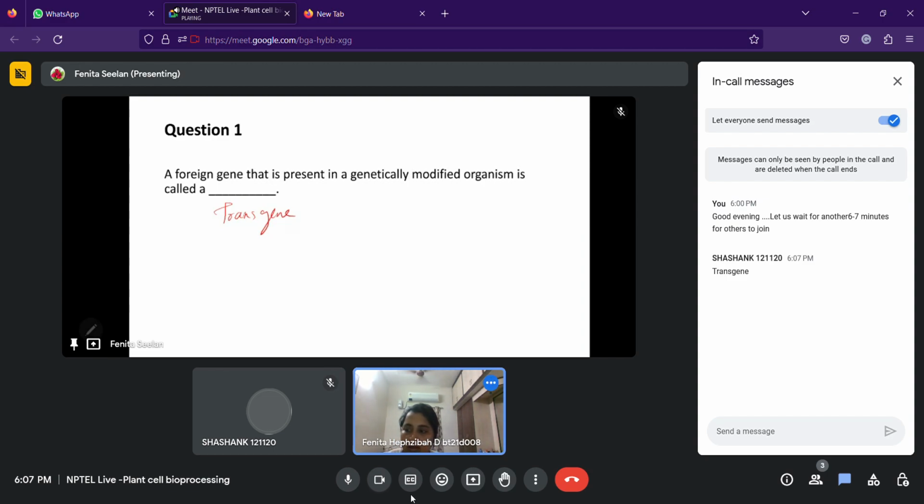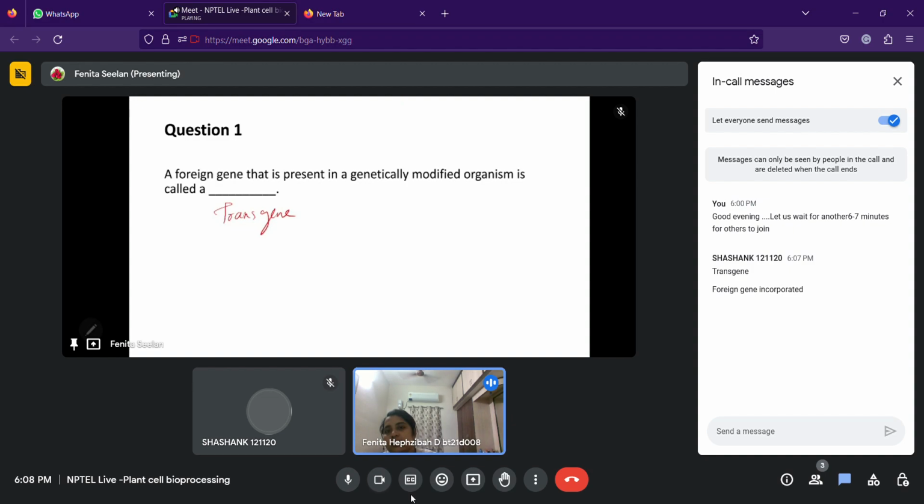Simple definition of transgene: foreign gene, just as it's given in the question. It is any foreign gene which is incorporated by gene transformation methodologies inside any organism or cell. Those things we will call genetically modified organisms.